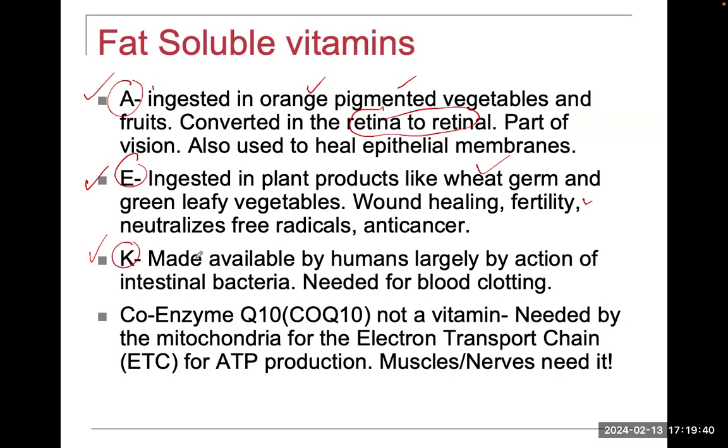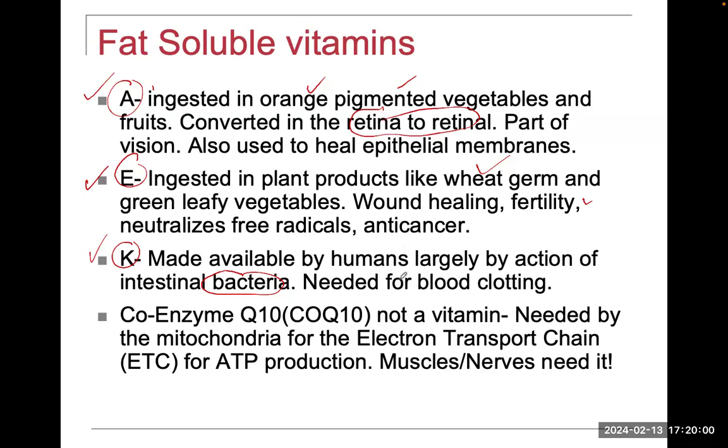And then vitamin K is made available to humans largely by the action of intestinal bacteria. So this is why, when babies are born, depending on the state you live in, many states mandate a vitamin K injection, because a baby hasn't eaten yet.